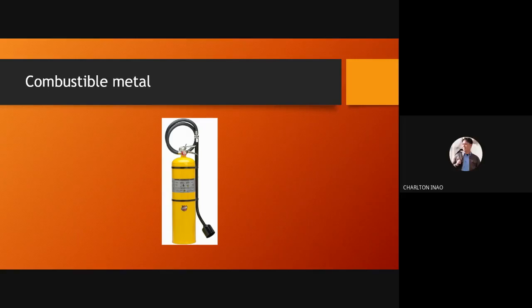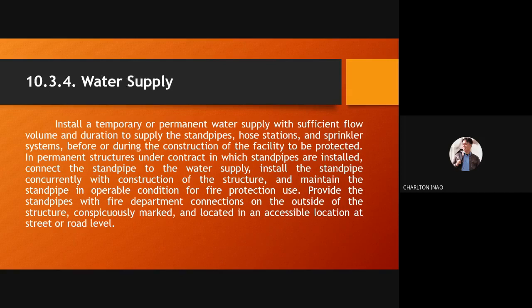Okay. Next is water supply. Install a temporary or permanent water supply with sufficient flow volume and duration to supply the standpipes, hose stations, and sprinkler systems before or during the construction of the facility to be protected.